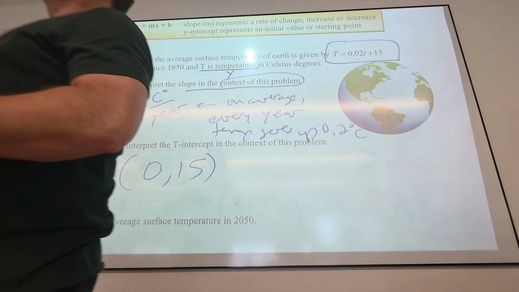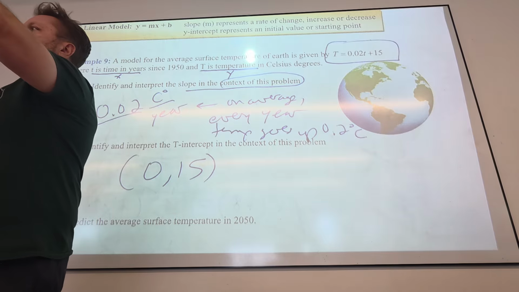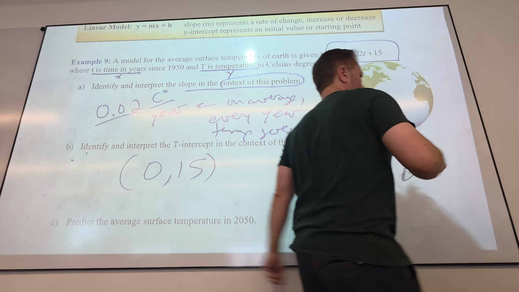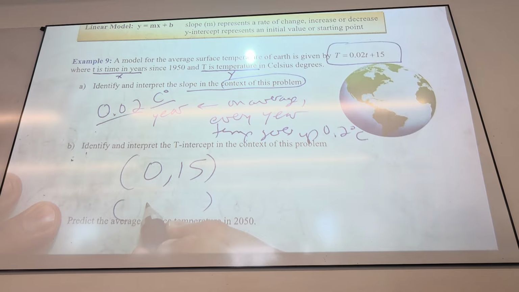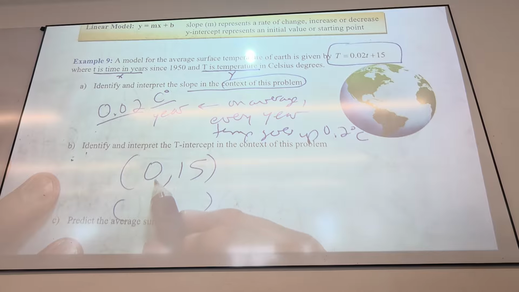What does it mean? A point is normally x comma y, correct? Can somebody tell me what this point actually is? It's not xy, is it? What do we say is acting like x?